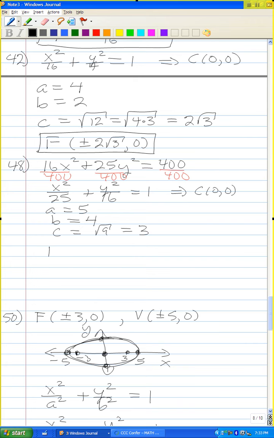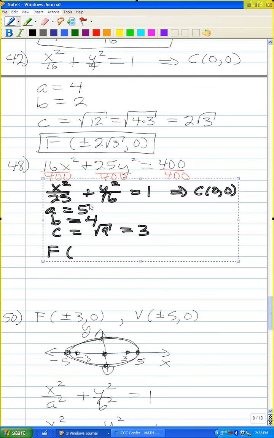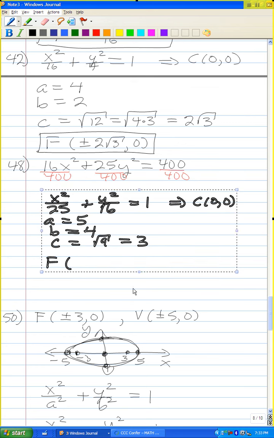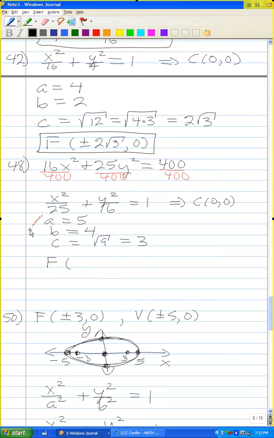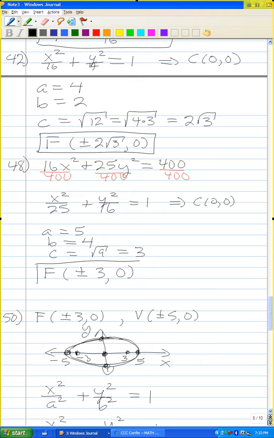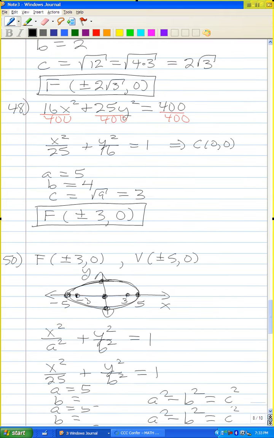And so the foci are located at, since 5 is bigger than 4, plus or minus 3, 0. And those are your foci.